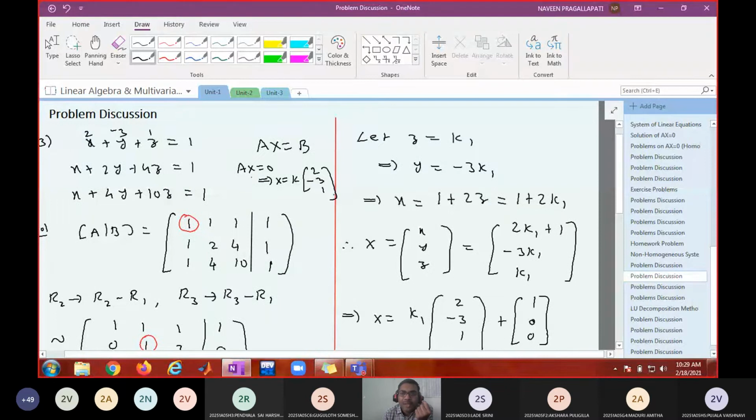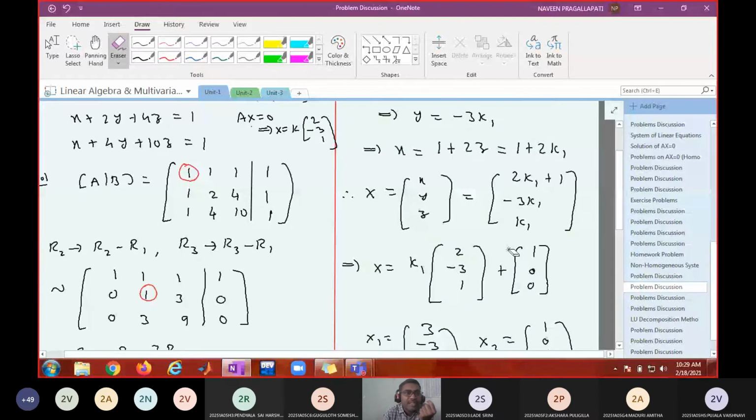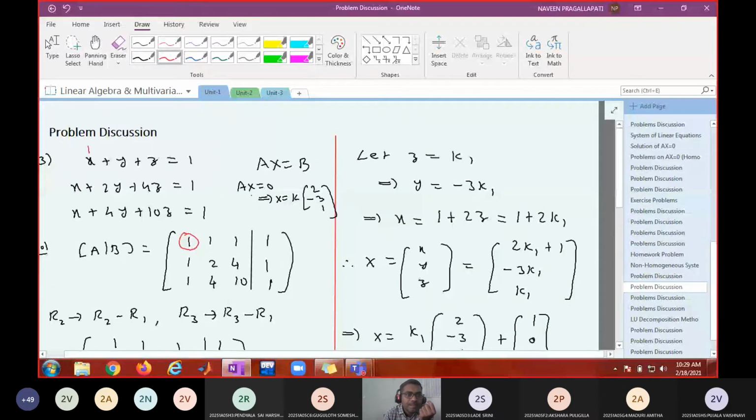Is it okay? Now when I substitute (1, 0, 0) here, is it satisfying? (1, 0, 0): first equation 1, second equation 1, third equation 1. So what is this (1, 0, 0)?